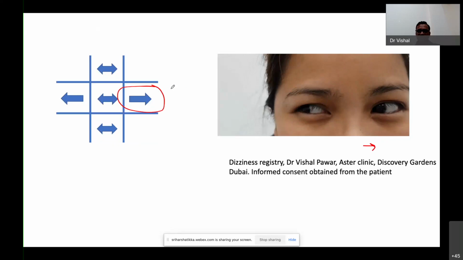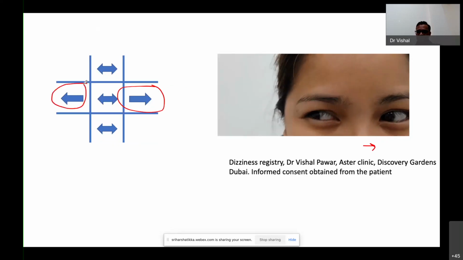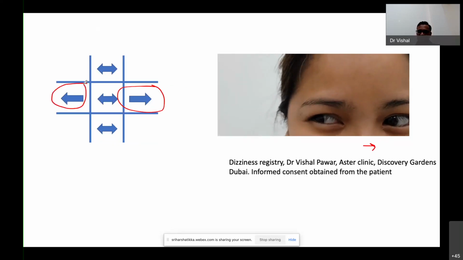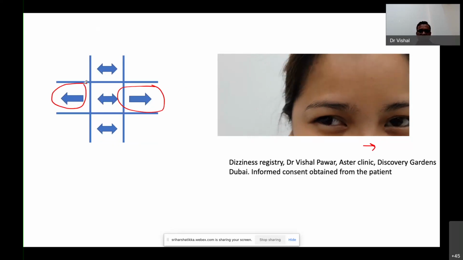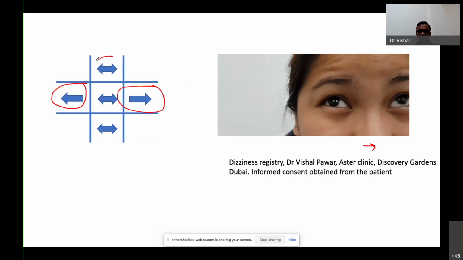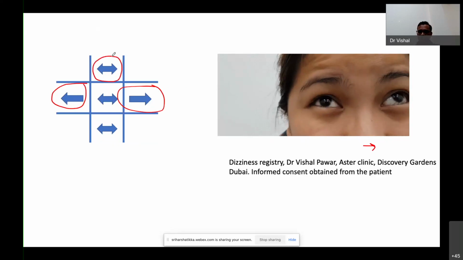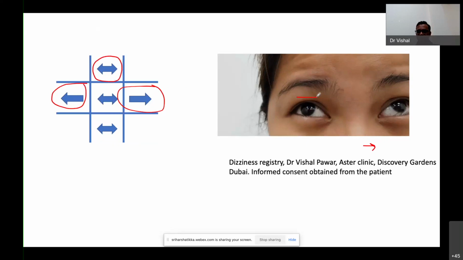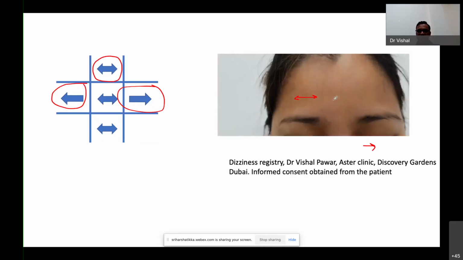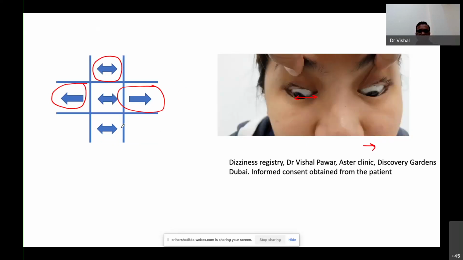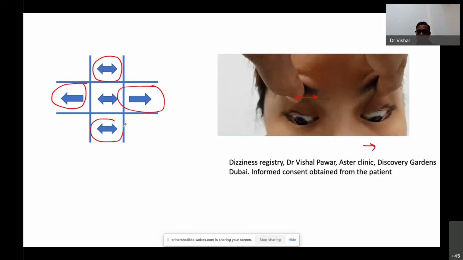On the right side, she had right beating nystagmus. On up gaze, the nystagmus remains horizontal, in a pendular fashion. And on the down gaze, also it remains horizontal.